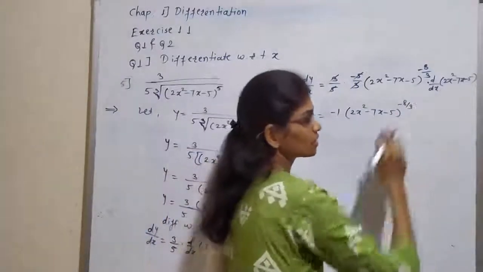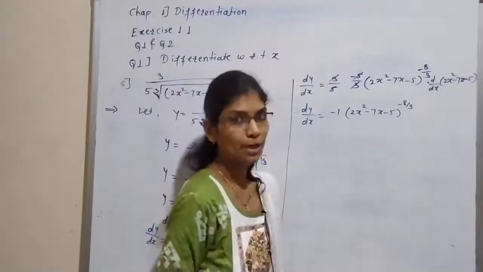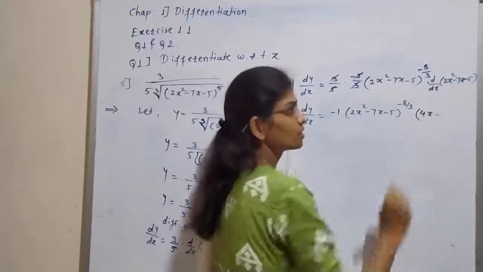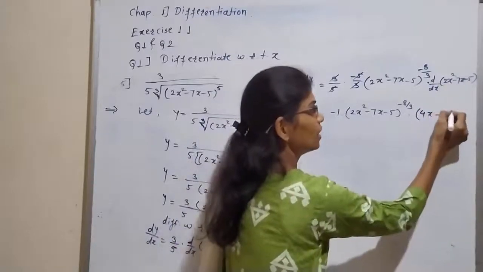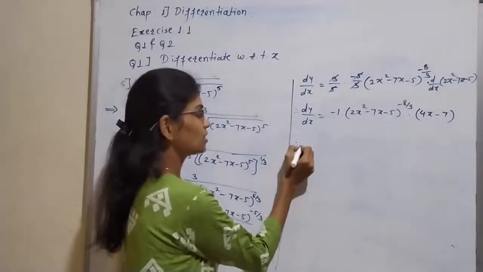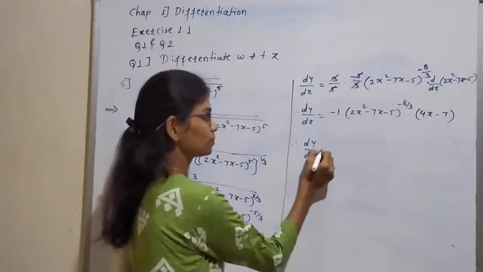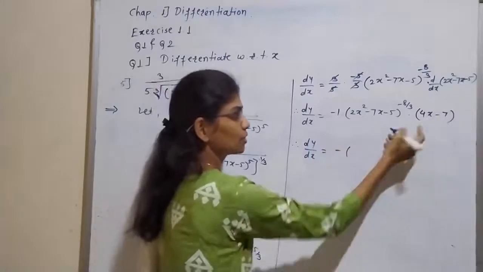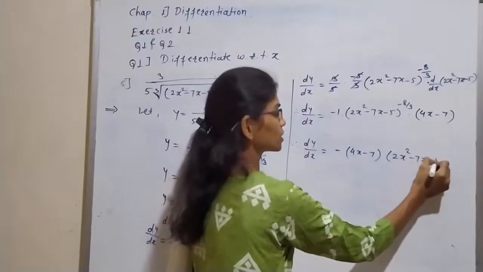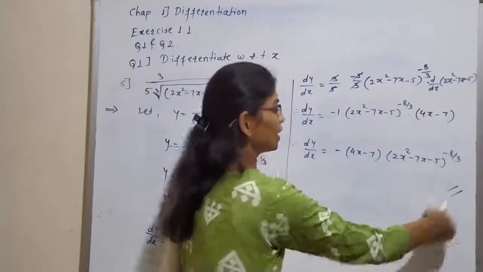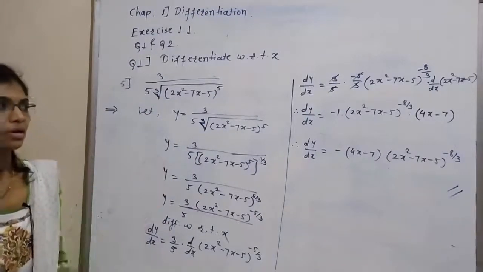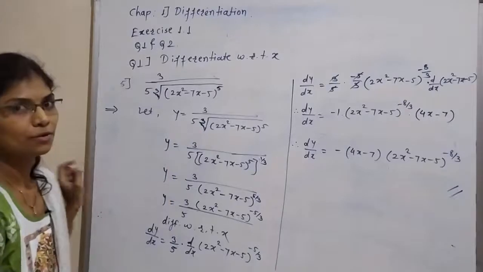There are 3 terms present, so take the derivative of each one separately. The derivative of 2x² is 4x, minus the derivative of 7x, which is only 7, and the derivative of 5 is 0. Therefore, the answer is dy by dx is equal to minus (4x minus 7) times (2x² minus 7x minus 5) raised to minus 8 by 3, and that is the final answer, the derivative of the given function.